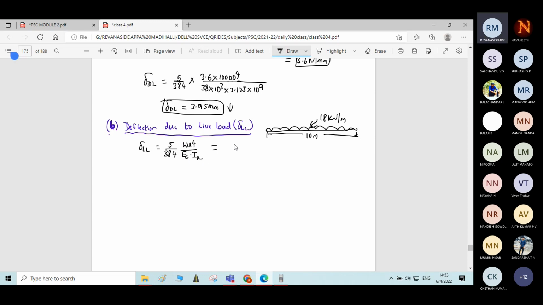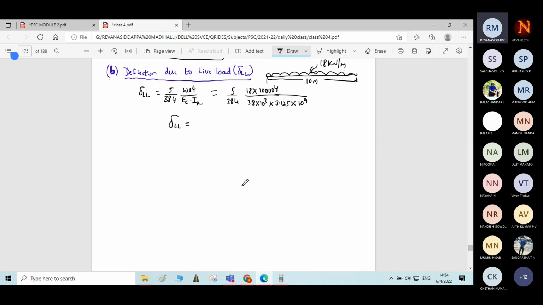So 5 by 384, W is 18 into length of the beam 10,000 raised to 4 divided by EC 38 into 10 power 3 into IX 3.125 into 10 power 9. By this you will get deflection due to live load.